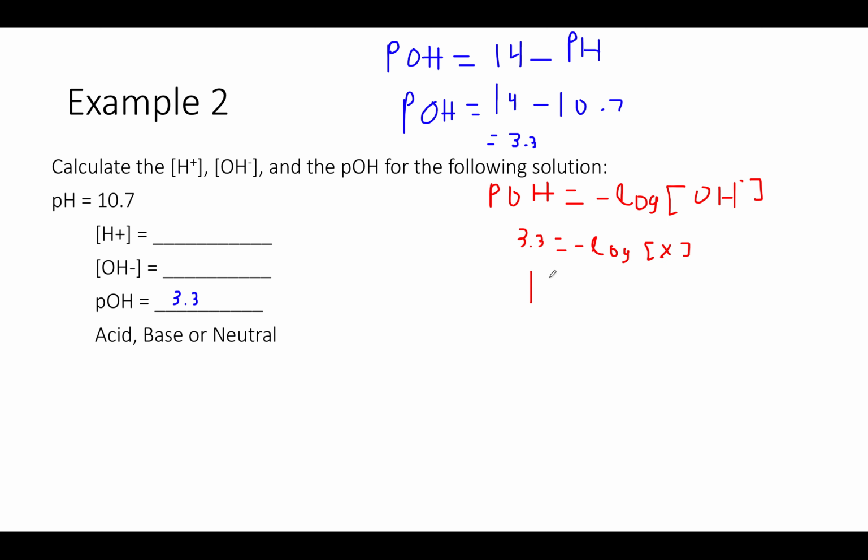You're going to raise it to 10 to the negative x because you need to get rid of the negative and you need to get rid of the logarithm. So 10 to the negative 3.3 would equal your OH concentration. So the OH concentration here equals 5.0 times 10 to the negative 4th molar. That would go right here.